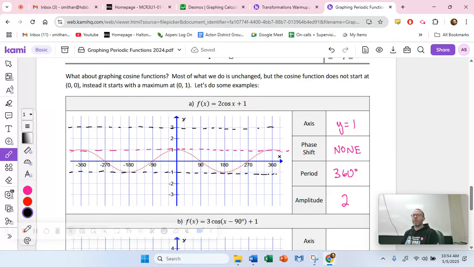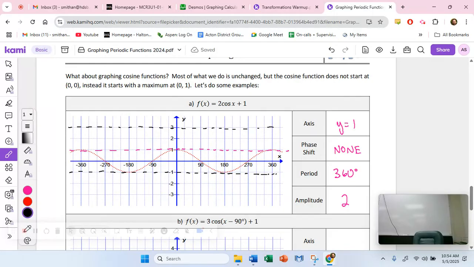All right, but things change up a little bit. We're not graphing a sine function, we're graphing a cosine function. So normally we start at 0, 1. However, in this case, our axis has shifted up and our maximum is shifted up to 3. We start at a maximum, so we're going to start at 0, 3.